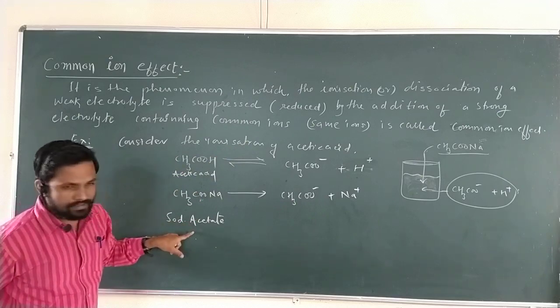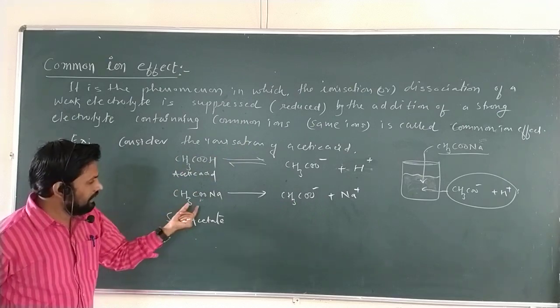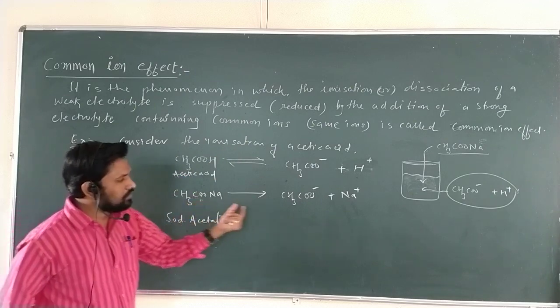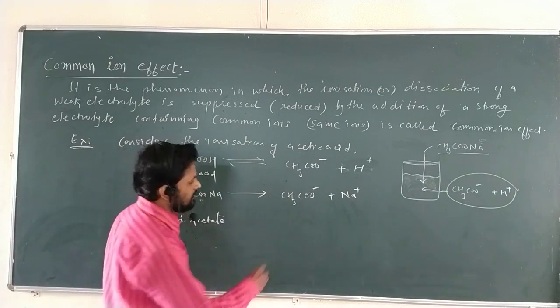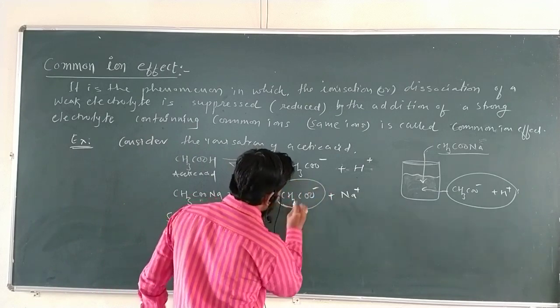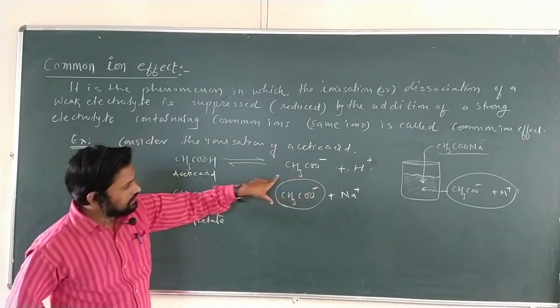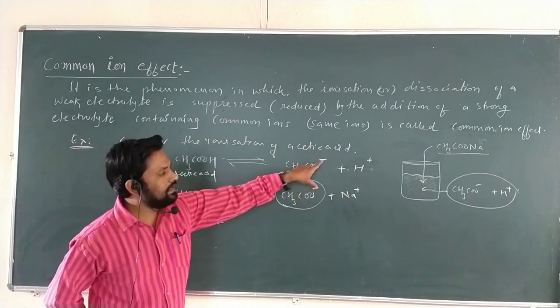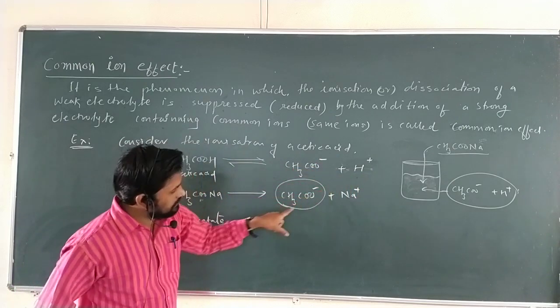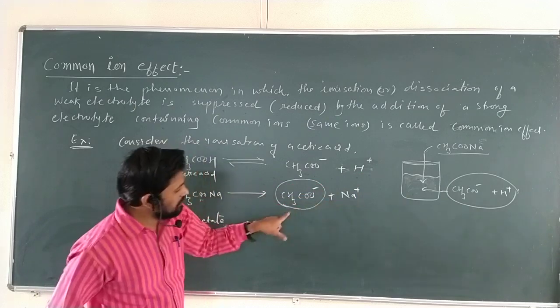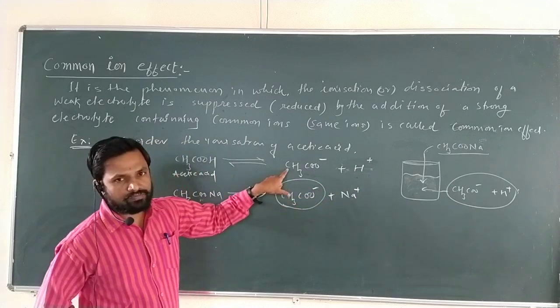Why are we adding the sodium acetate? Sodium acetate is the electrolyte containing the common ion CH3COO minus of the weak electrolyte. Both have the common ions.